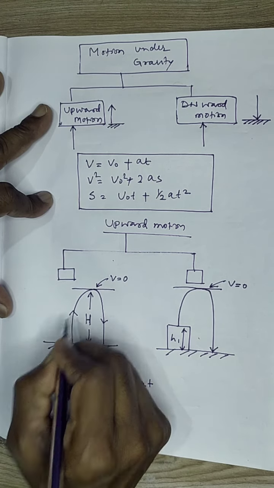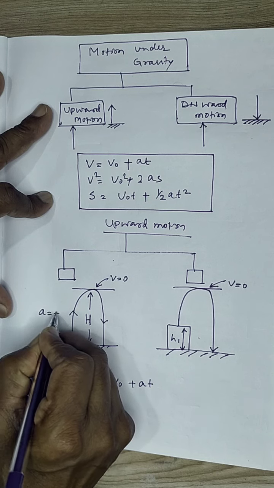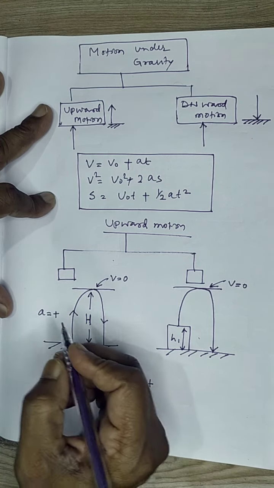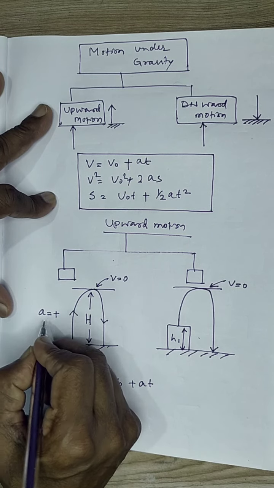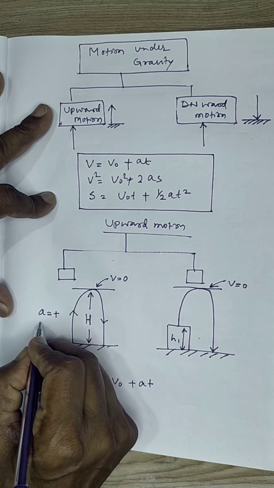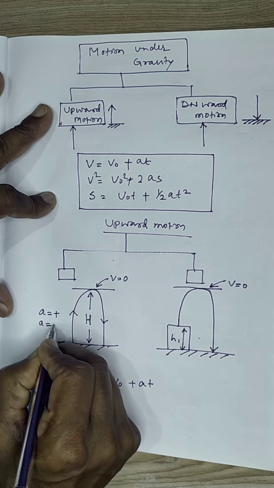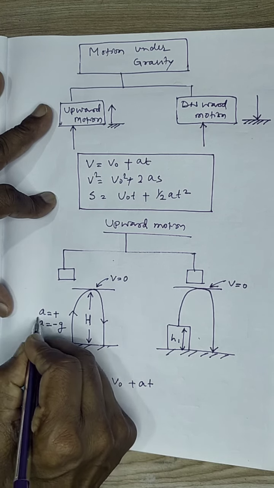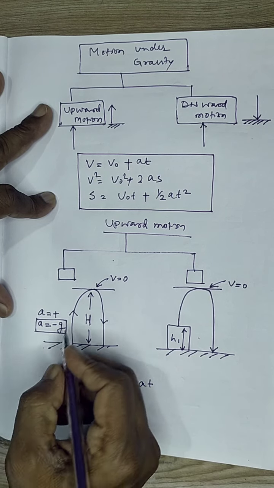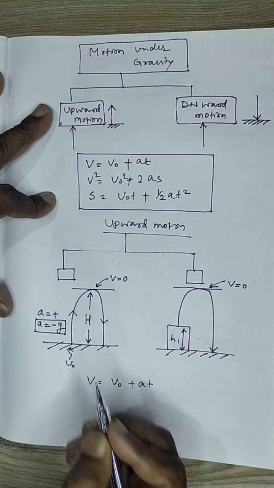While going upward, our acceleration will be g, the acceleration due to gravity, and velocity decreases, hence the sign becomes negative.